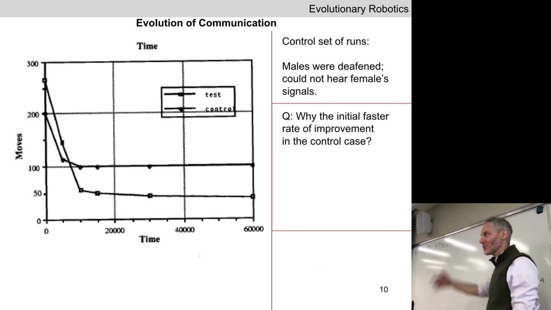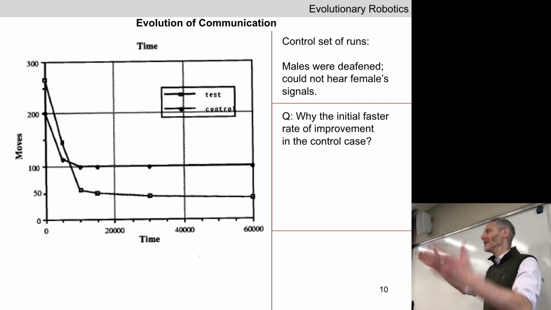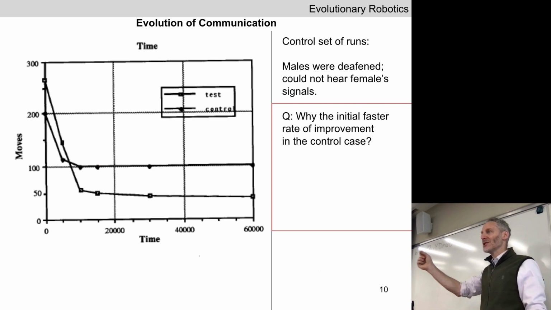Most mutations, as we've seen, and you've probably seen firsthand in your assignments, tend to break things, right? And if you're trying to establish or improve two things at once, the probability of a mutation doing that is exceedingly low.